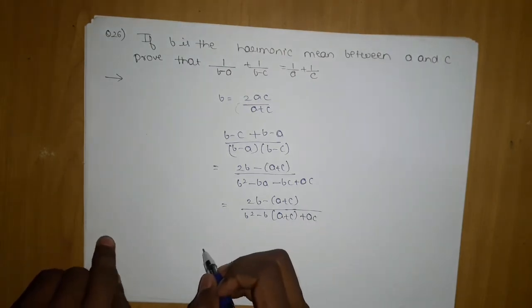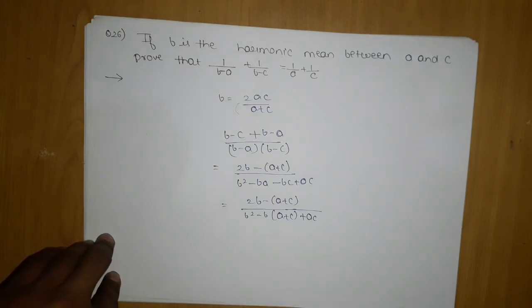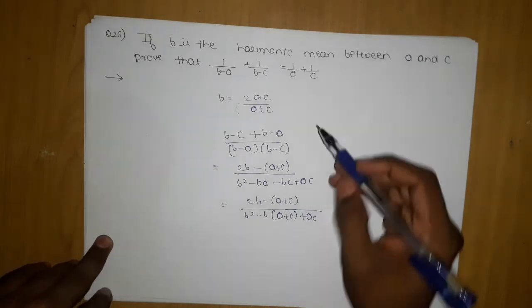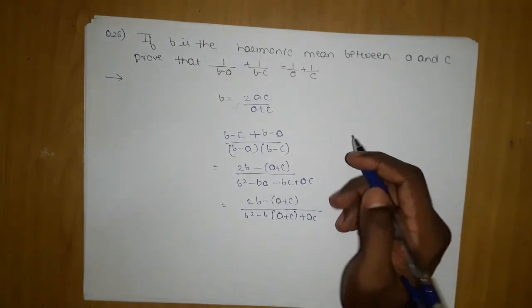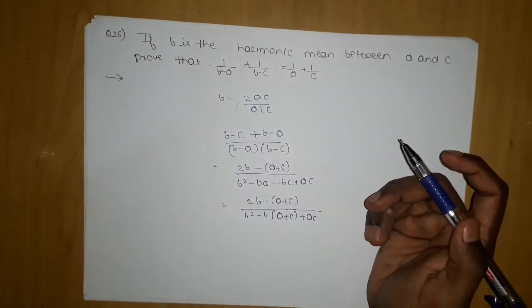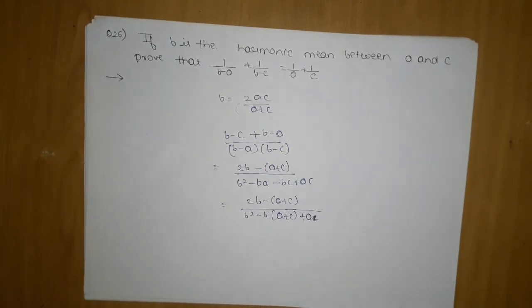Now in the next step, put the value of b or value of a, what value should we put? If we substitute here, we have c, we can substitute a plus c.